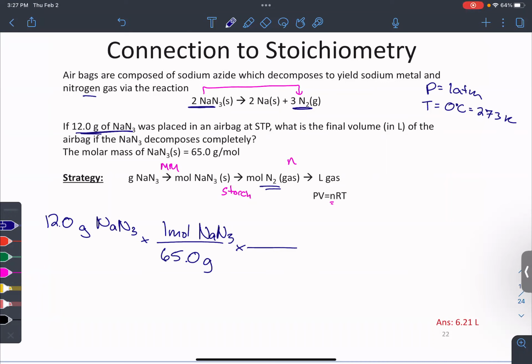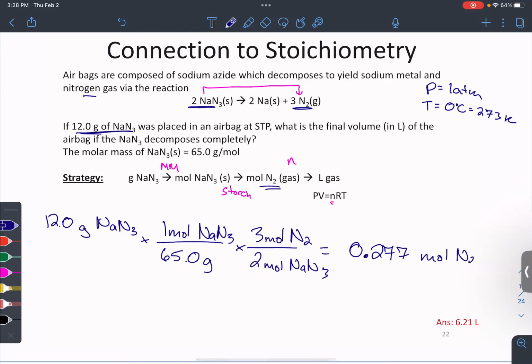So I use the stoichiometry here: 2 moles of the azide, NaN3, is 3 moles of nitrogen gas. That tells me that if all of that sodium azide decomposes, I should produce 0.277 moles of N2 gas.